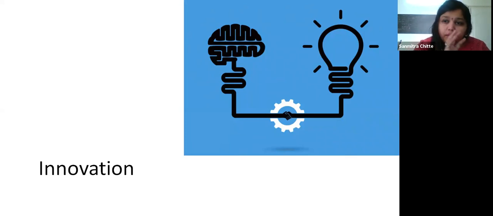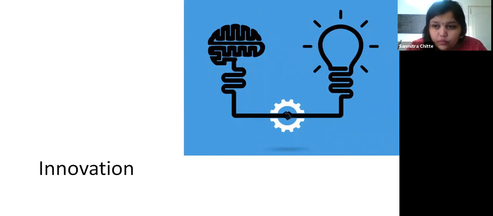Identifying the problem, coming up with ideation, prototype, then filtering it through, taking feedback, coming up with an iteration, and working through to come to a final product is something that all these industries work into. So today, innovation is more like oxygen. It is something that any company needs to survive on.